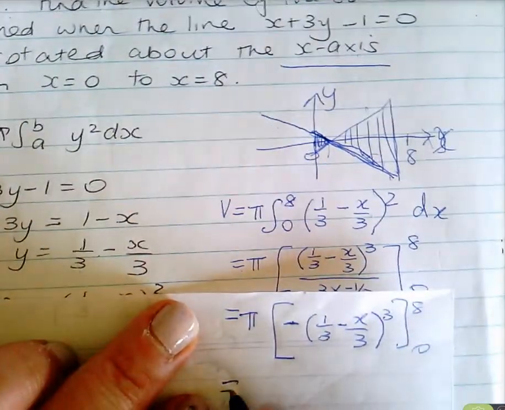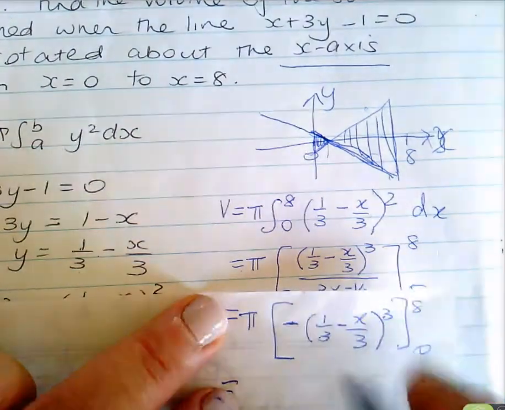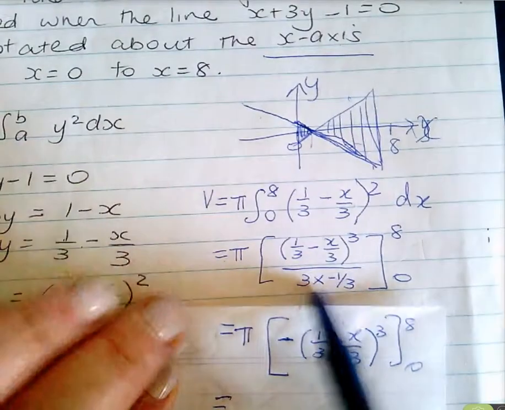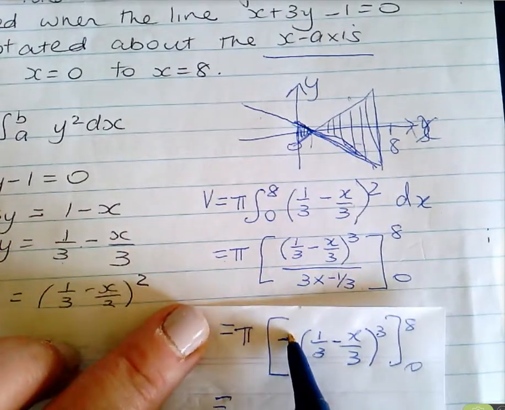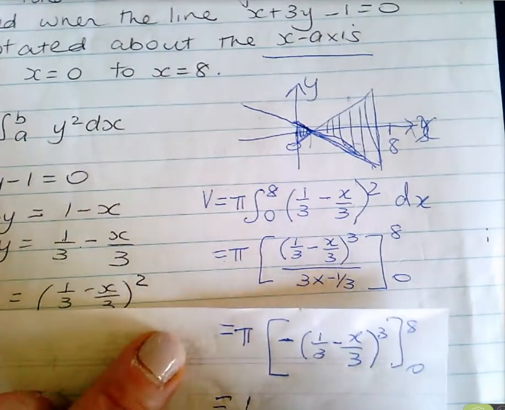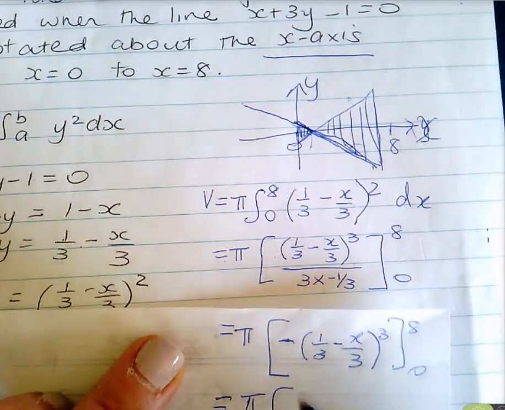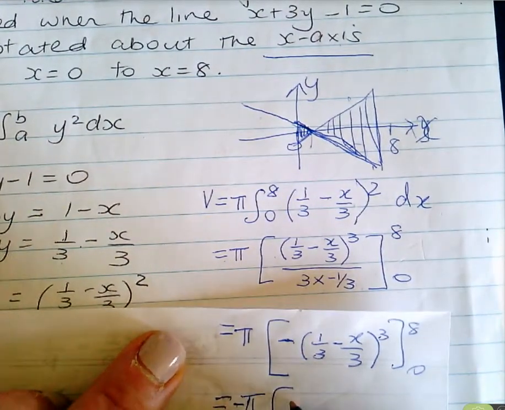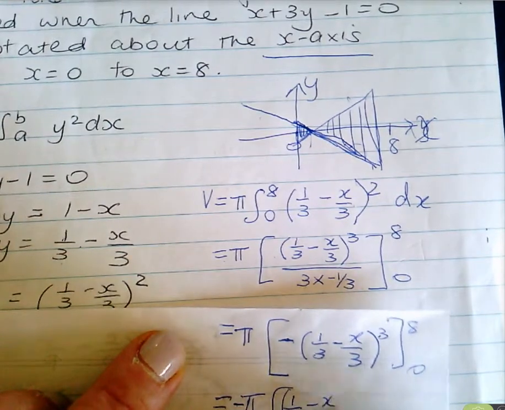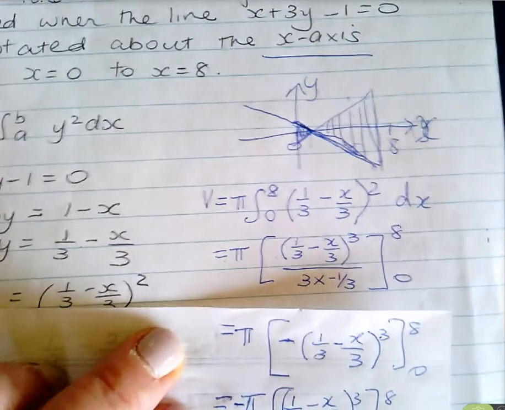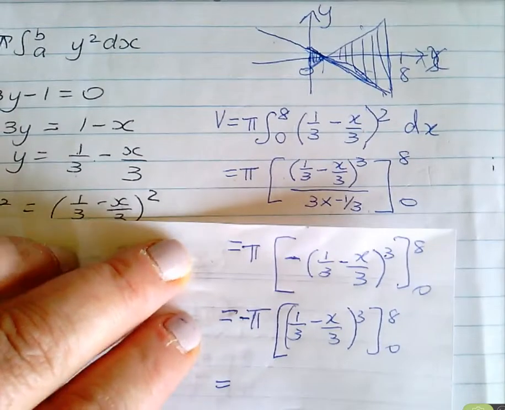Because you get the negative 1 down the bottom, so let's just put the negative out the front. You get pi. Actually, can we stick that negative out the very front too? Put negative pi, 1/3 minus x over 3 cubed between 8 and 0. I've thrown that negative pi out the front.